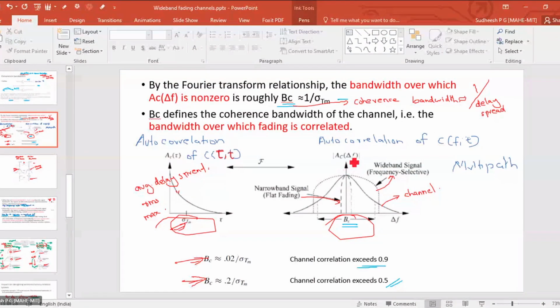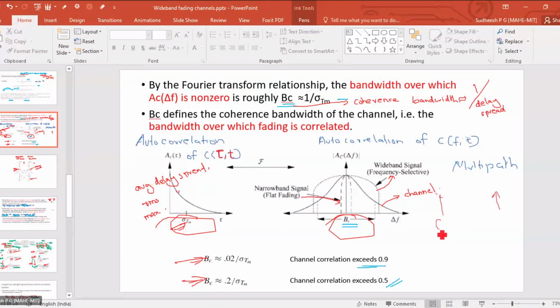So you see, we have seen coherence bandwidth and delay spread, etc. What coherence bandwidth says is that you take two components, and if they are outside the coherence bandwidth, they look like independent components. They receive different kinds of treatment.